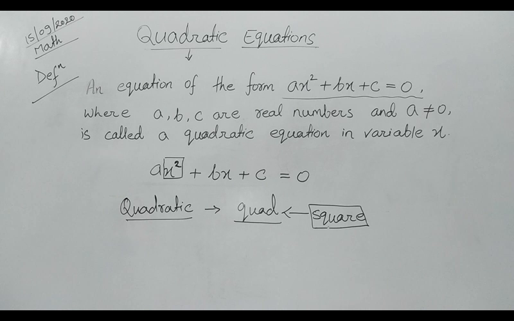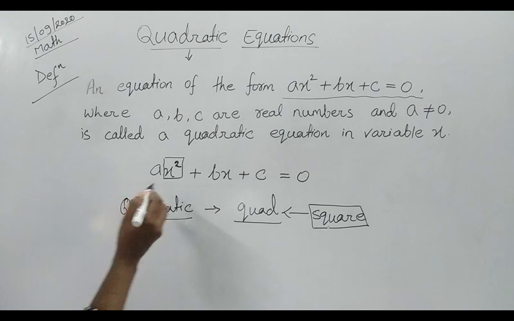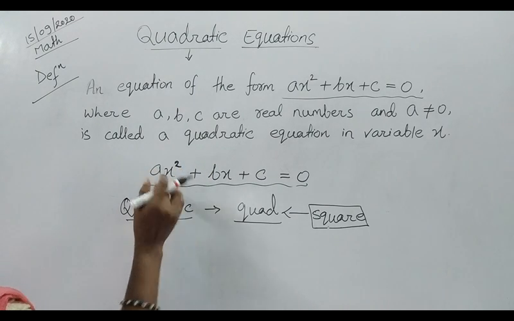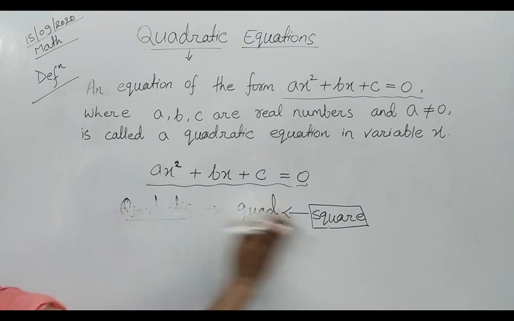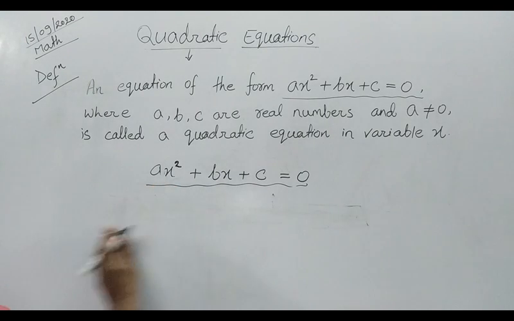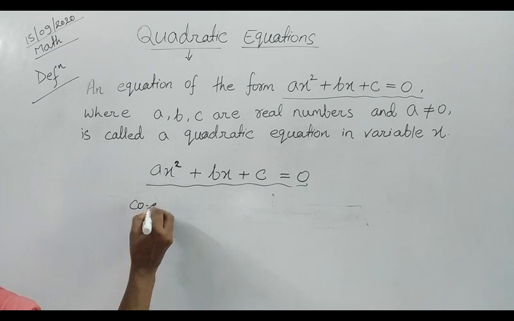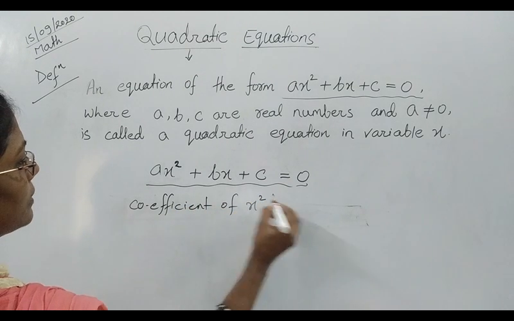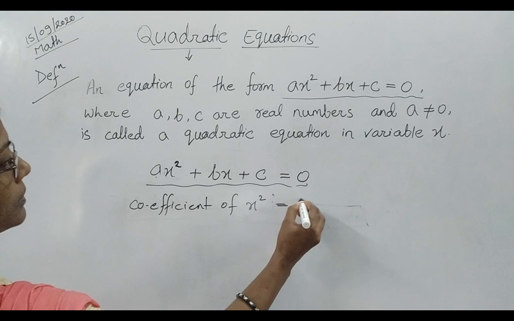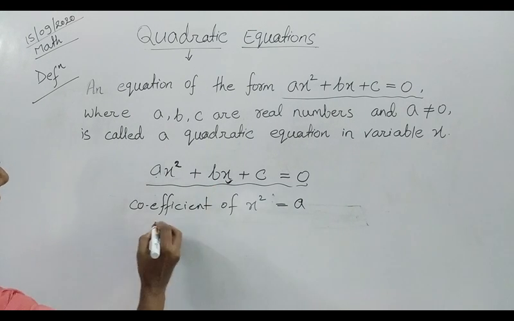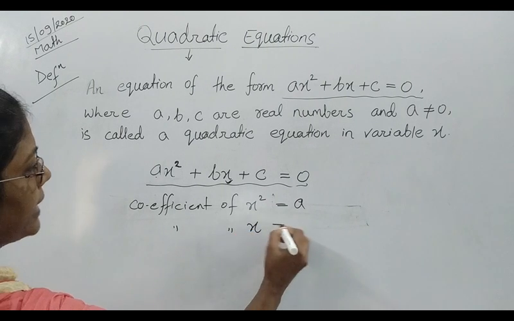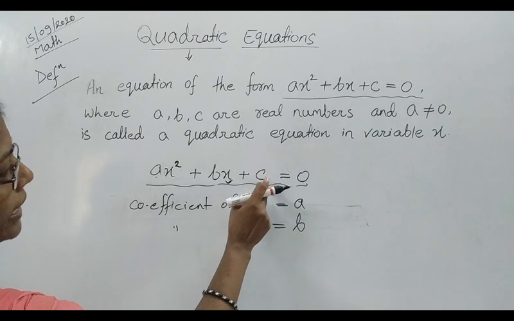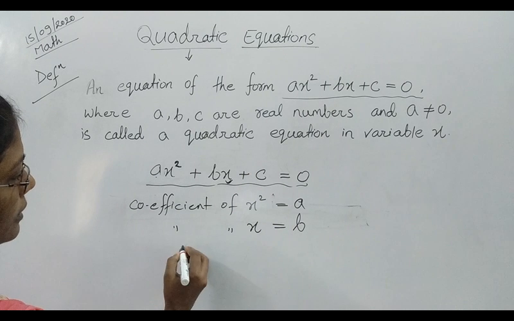Now when we look at this equation again, we can find that the coefficient of x square is a, the coefficient of x is taken as b, and since this term contains no variable, it is said to be the constant term.